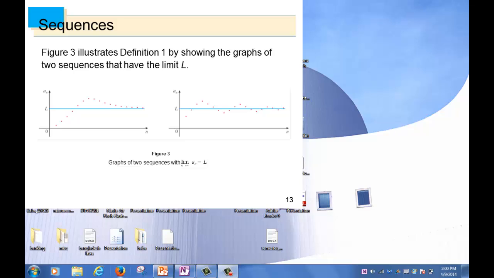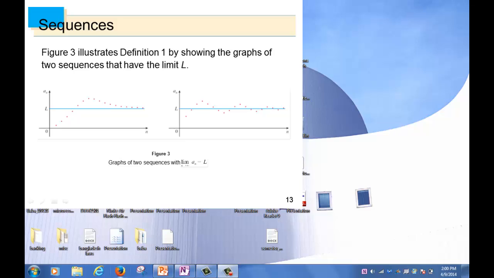What happens when the limit of the sequence is L? The gap between the points and the line approaches 0 as you go farther and farther away from the origin. Am I making sense? So that's how the graph of a sequence with limit L may look.